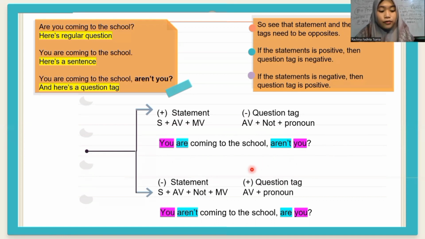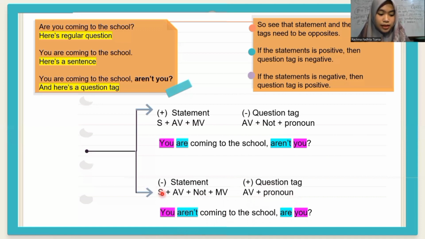But if we change our statement to a negative, for example, you aren't coming to the school, are you? We have a subject, auxiliary verb plus not, plus main verb, and the question tag: auxiliary verb plus pronoun.